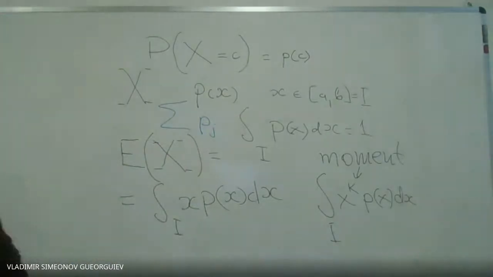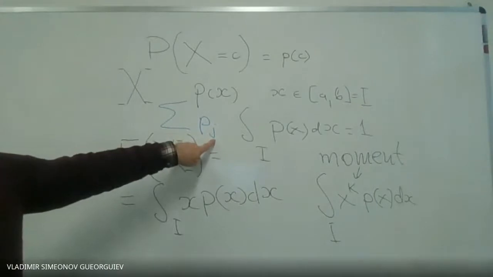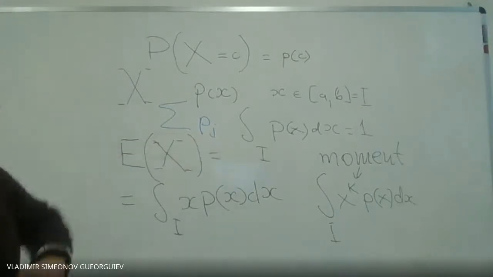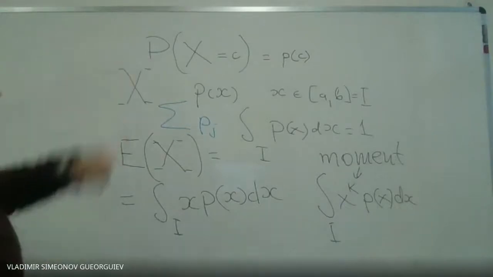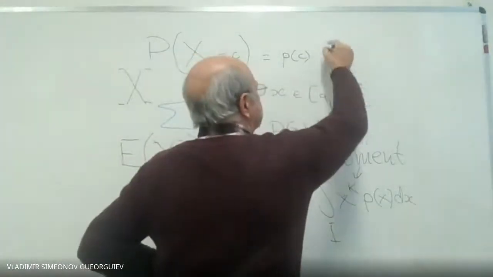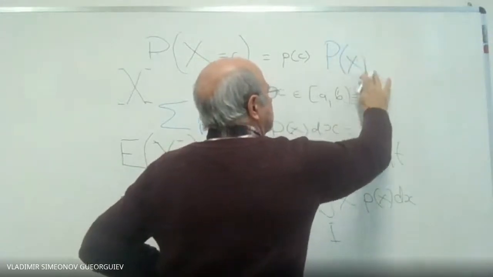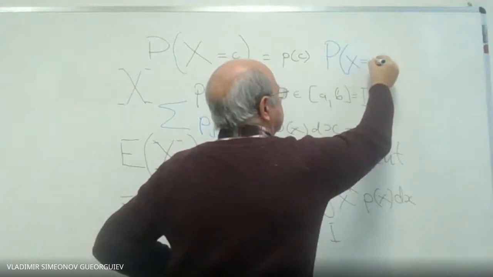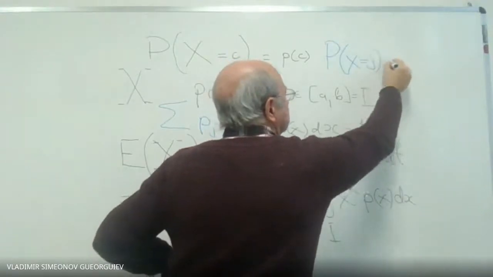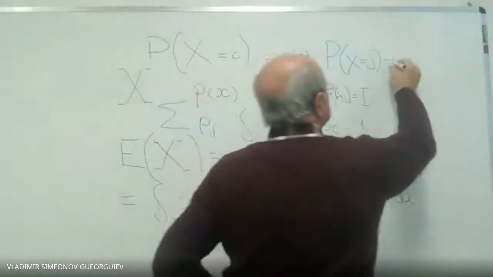Pj was the probability for the event j. Therefore, when we are asking the probability that our discrete variable is, for example, j, this was exactly measured with this number Pj.